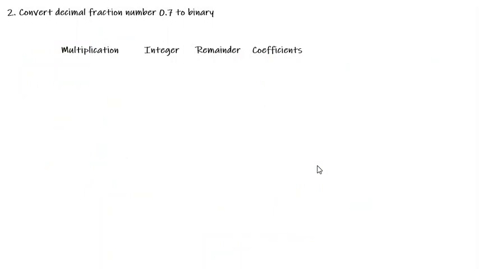Example number 2. Convert the decimal fraction number 0.7 to binary. We'll follow the same steps we did in the previous example. I'll pick 0.7 multiplied by 2, which gives me 1.4. So I write 1 as an integer, and the remainder is 0.4. The coefficient a minus 1 is equivalent to 1.